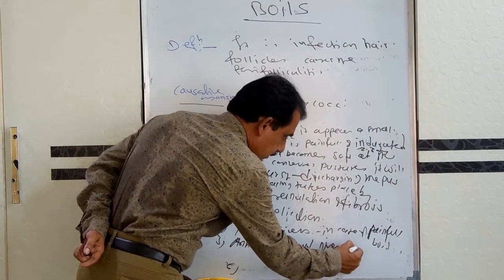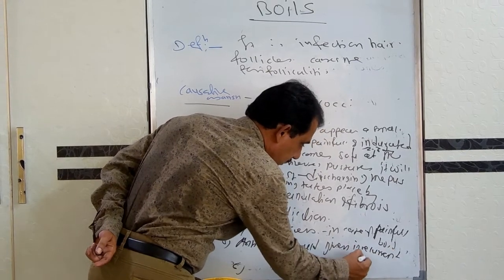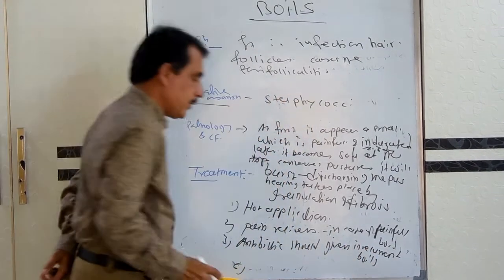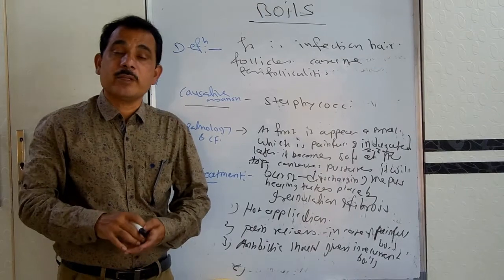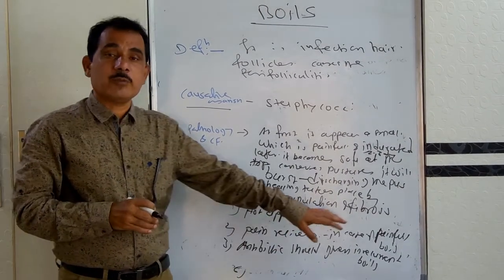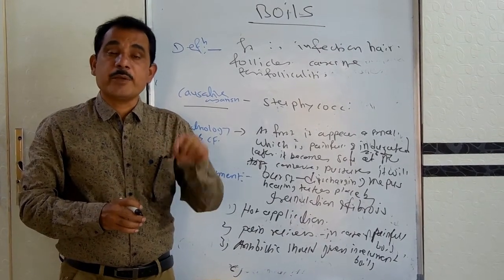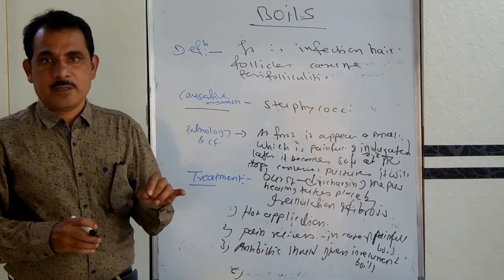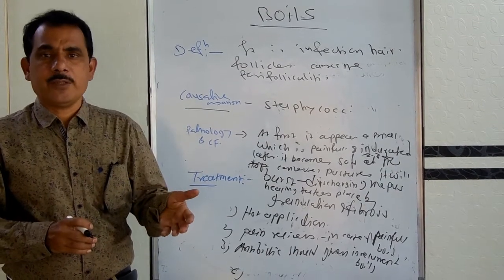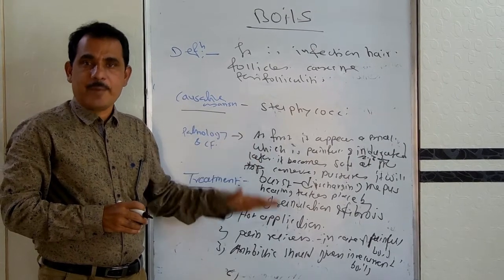In recurrent boils, if the patient has complaints of recurrent boils, another thing you have to remember is that if the patient has a history of recurrent boils, we must go for investigations, especially for diabetes. If the person has diabetes, then you have to carry out treatment of the diabetes.